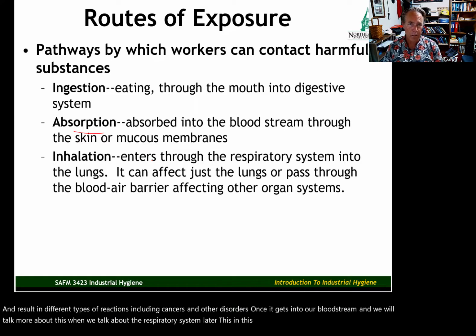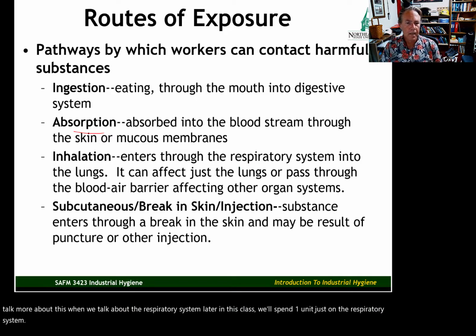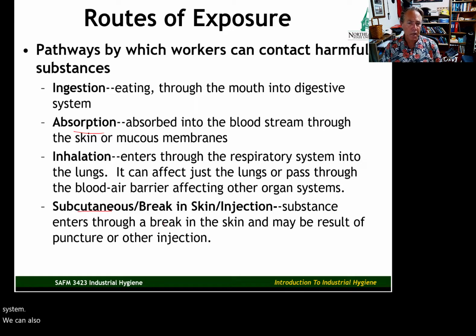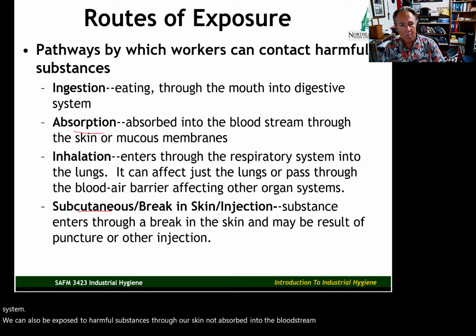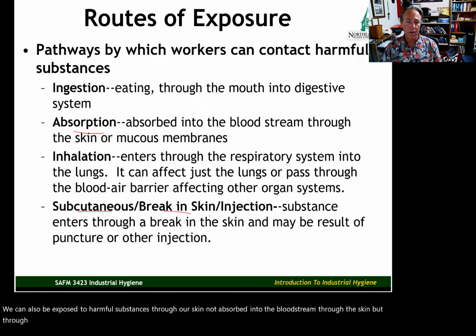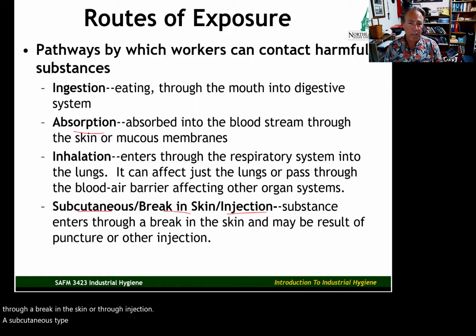We'll spend one unit just on the respiratory system. We can also be exposed to harmful substances through our skin, not absorbed into the bloodstream through the skin, but through a break in the skin or through injection, a subcutaneous type of exposure.